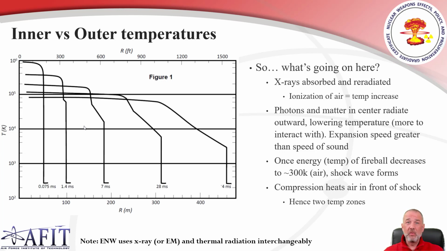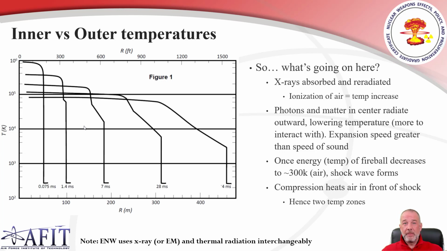This could be in the UV range, the visible light range, or the infrared range. It's these atoms radiating visible spectrum photons that we see when a weapon detonates. This is the visible light that occurs, and you can tie the visible light to the temperature of what's creating it.